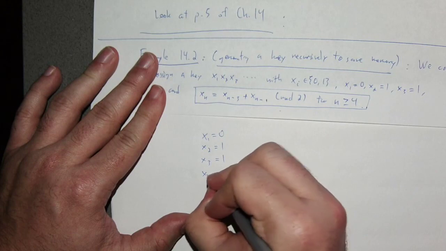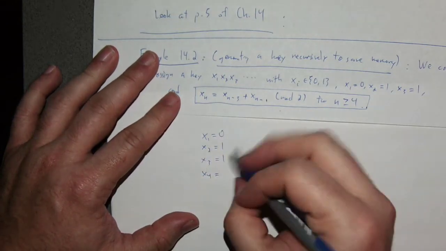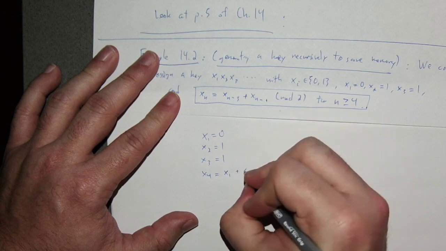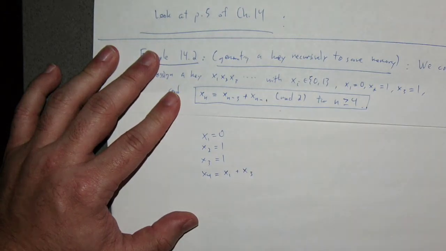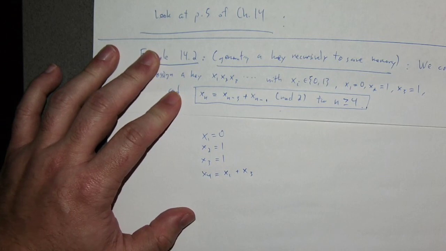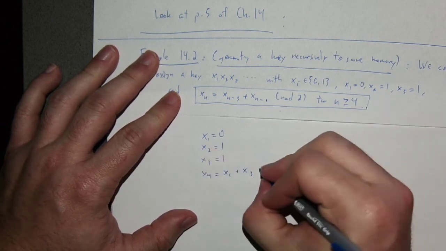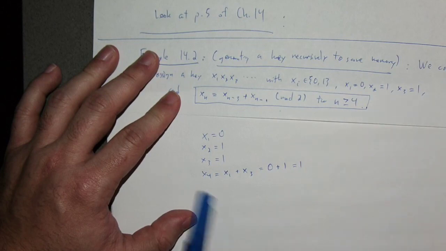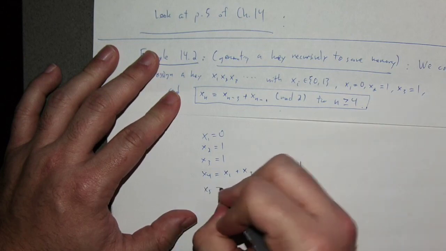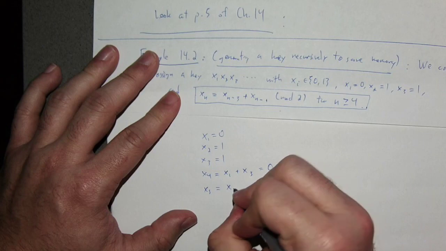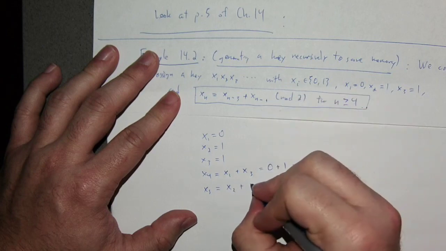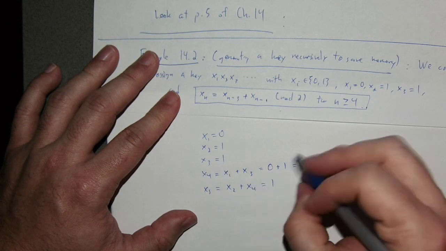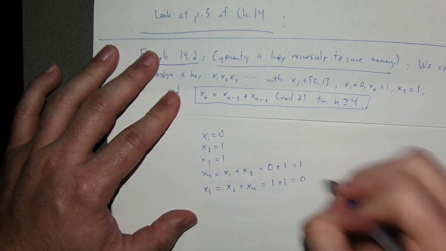Then x sub 4, using this recursion, would be x sub 1 plus x sub 3, so 0 plus 1, that's 1 mod 2. And then x sub 5 would be x sub 2 plus x sub 4. So 1 plus 1, which is 0 mod 2.